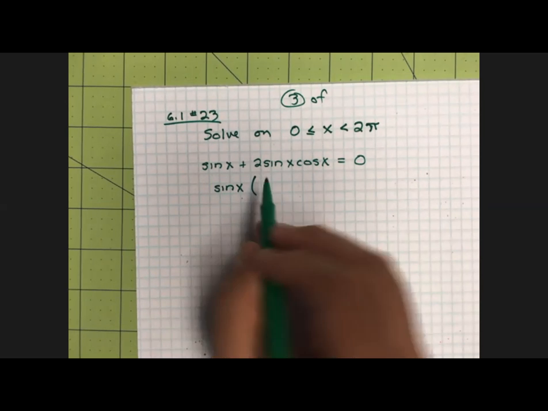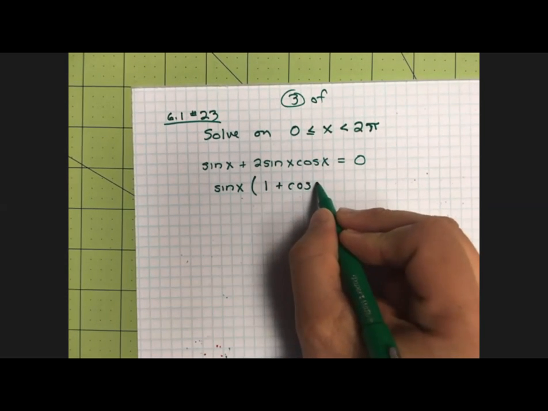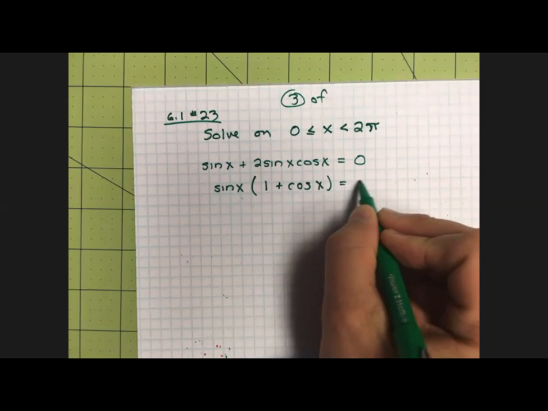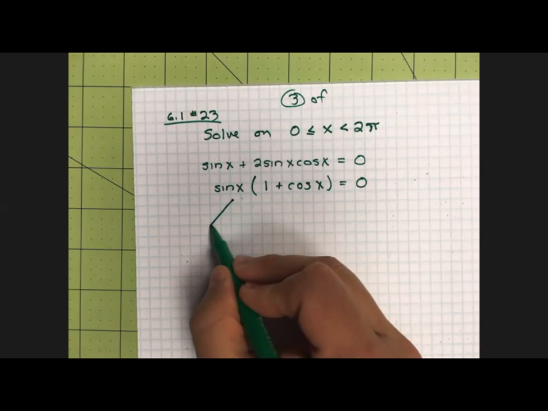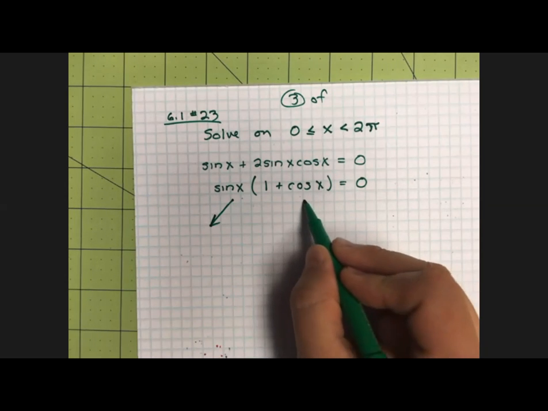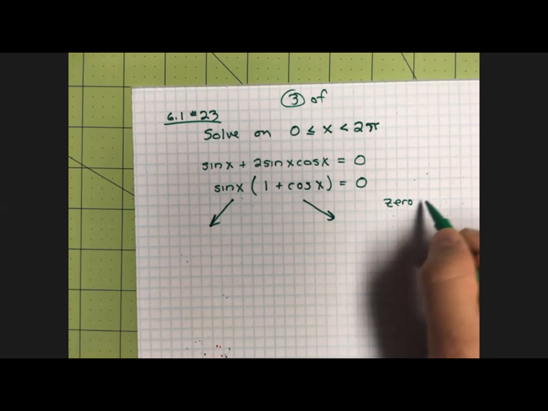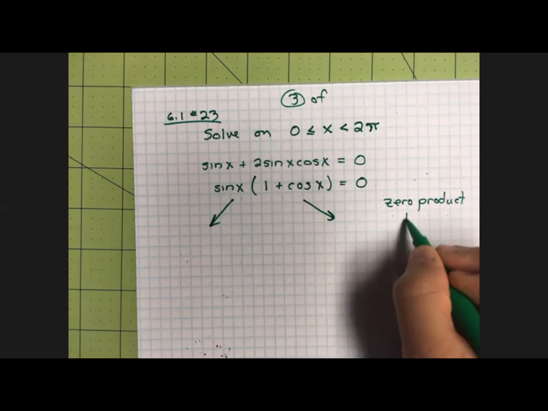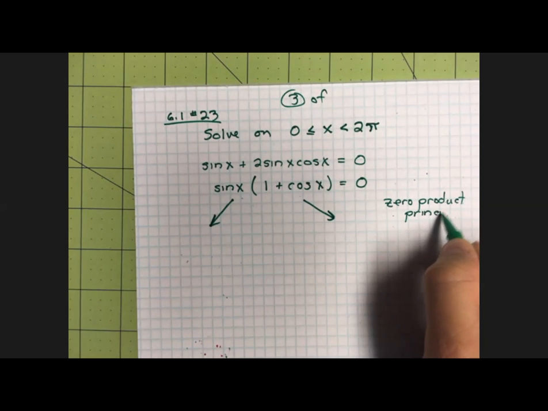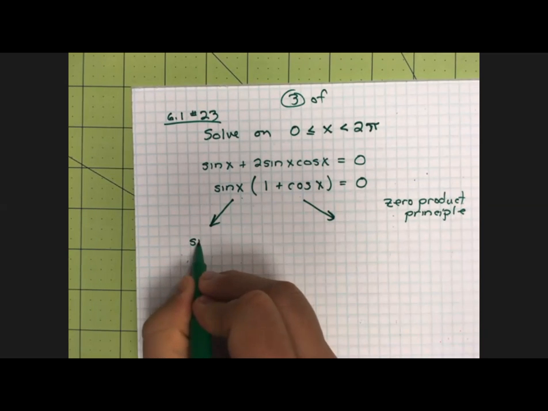You factor out the sine x and you're left with 1 plus 2 cosine x. And that in itself gives you two possibilities. In algebra, you call this the zero product principle. That if you multiply two things to get 0, one of them is 0.